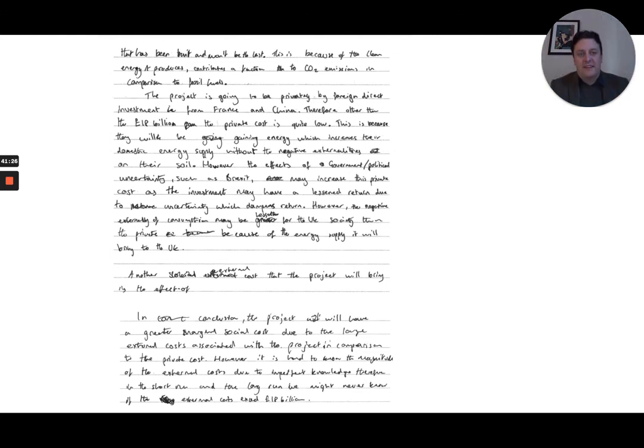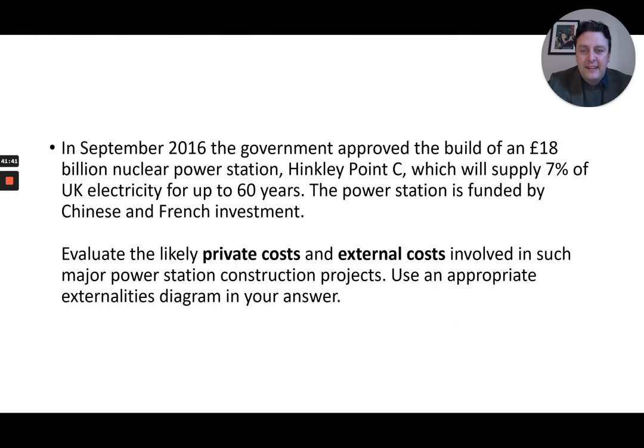What kind of mark would it get? It's fairly strong. You've got a decent diagram, some decent points, and some decent evaluation points. But what's it missing? The big thing it is missing is private costs.